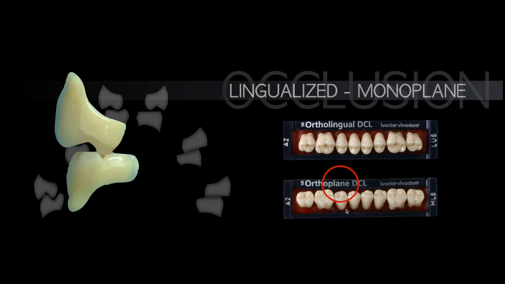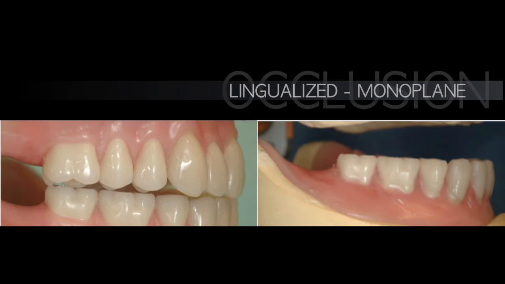This is also shown in the prefabricated denture teeth set. It shows the plane, meaning it's a monoplane denture teeth set.